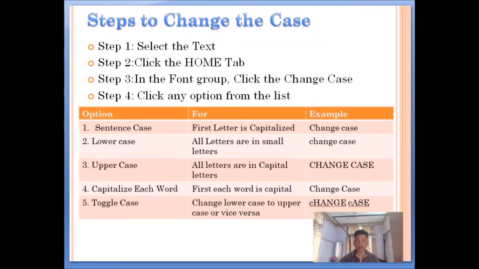Whereas uppercase, all the letters will be in capital letters, that is uppercase. Whereas capitalize each word means in each word the first alphabet will be capitalized. Whereas toggle case, all the capital letters will change into lowercase and all the lowercase will change into uppercase.